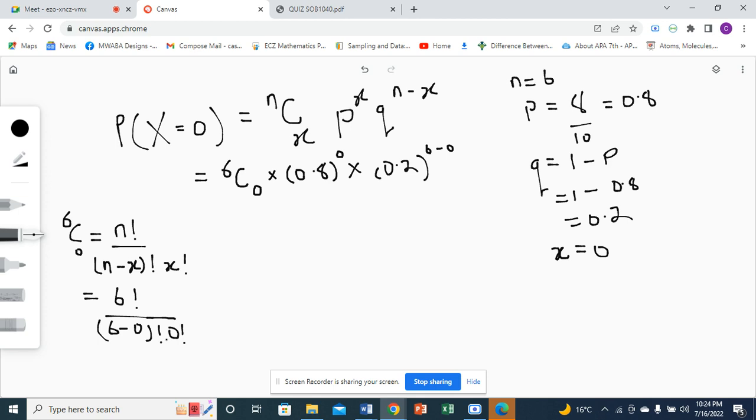These 6 factorials cancel each other out. We remain with 1 on the numerator. 0 factorial is also equal to 1, so it is 1 over 1, which equals 1.